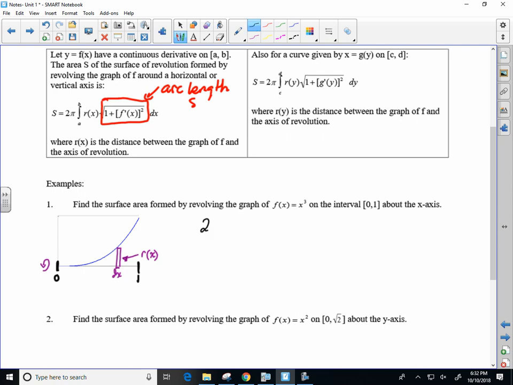I have a 2 pi on the interval of 0 to 1. My r of x is the distance out to the function itself. So that r of x is really a y, but y is x cubed.